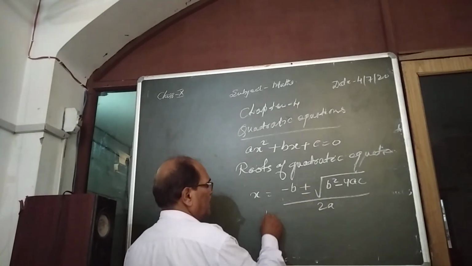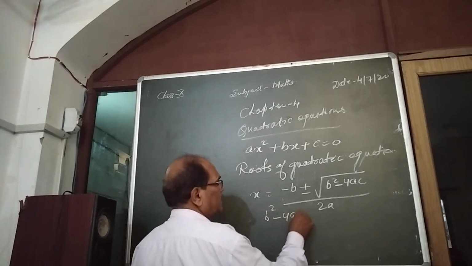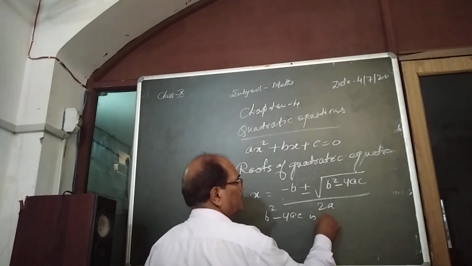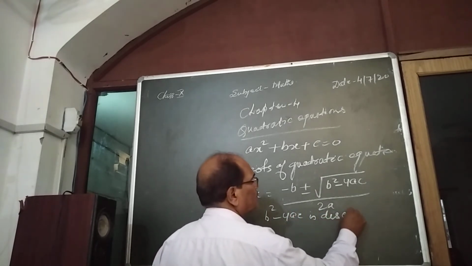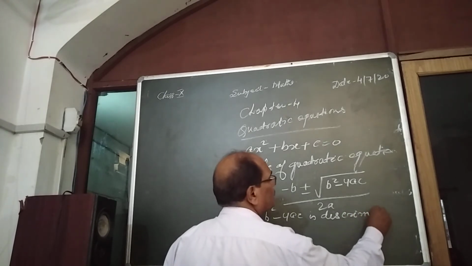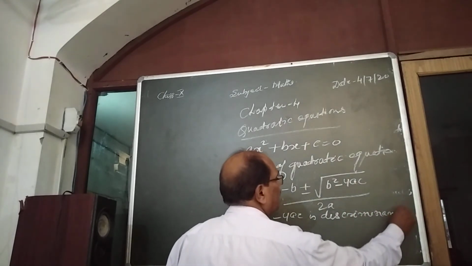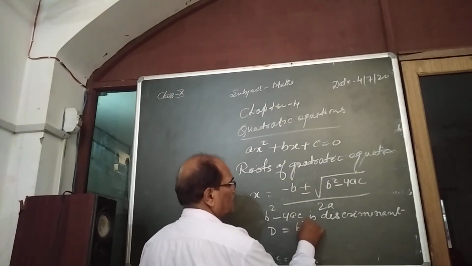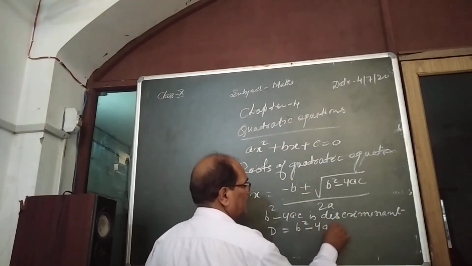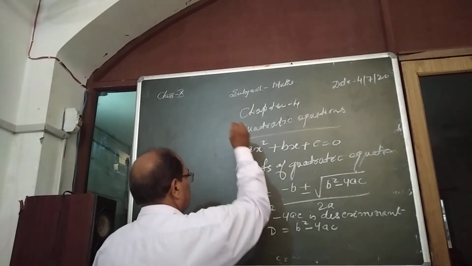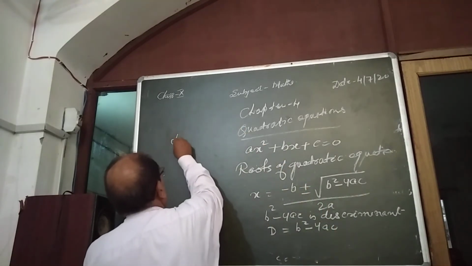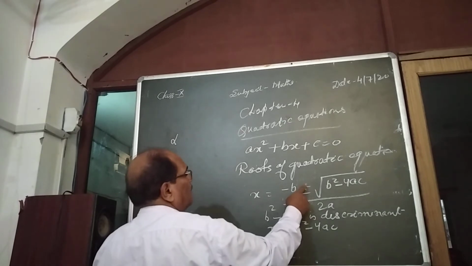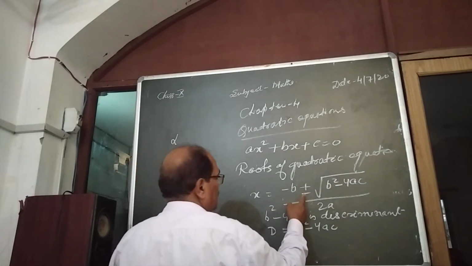Now b square minus 4ac is called the discriminant. It is simply denoted by capital letter D, D equal to b square minus 4ac. Therefore, there are 2 roots, alpha is the plus part and beta is the minus part.